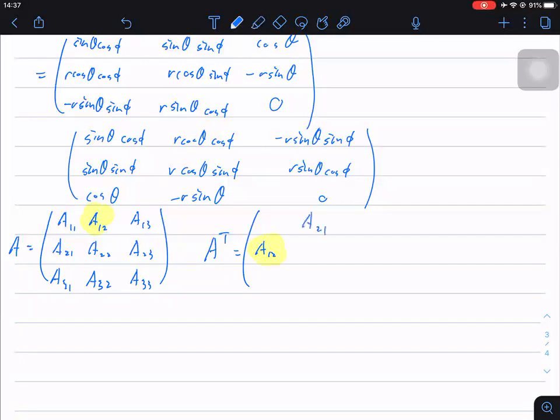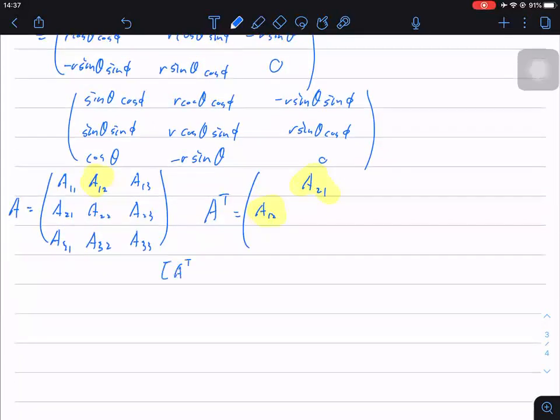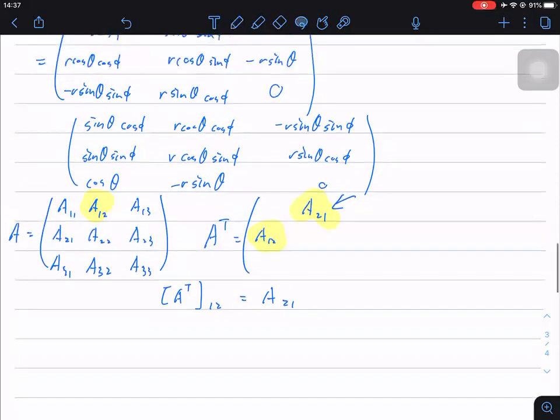After taking the transpose, the 1, 2 component of A transpose becomes the 2, 1 component of the original matrix A. So for a rank 2 tensor, taking the transpose in the matrix representation is basically swapping the order of the two indices.